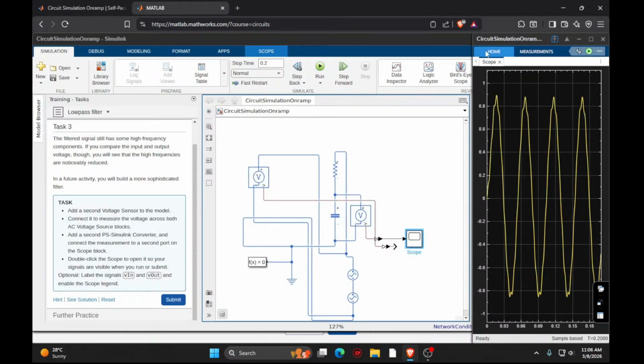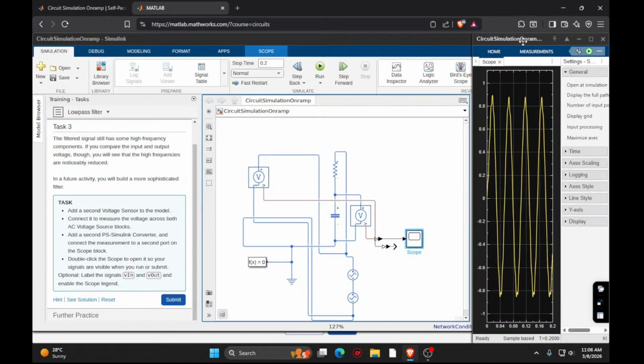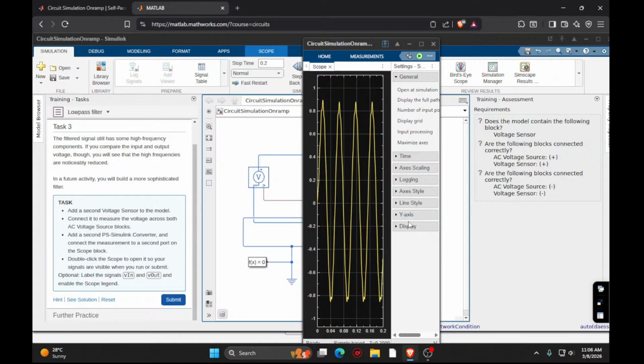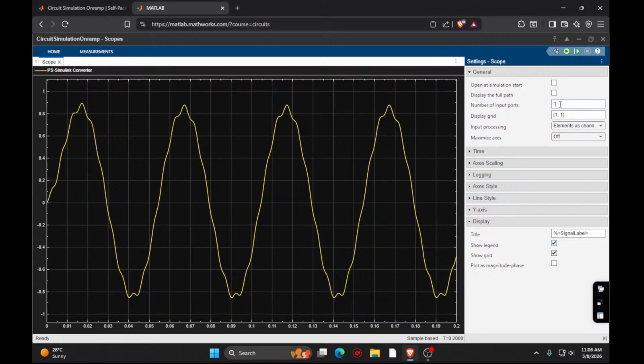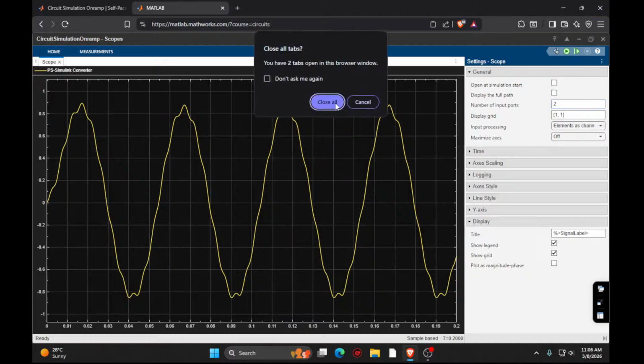Settings will open. In that we have to go to display, show legends, number of ports should be 2, enter, and that's all we need.